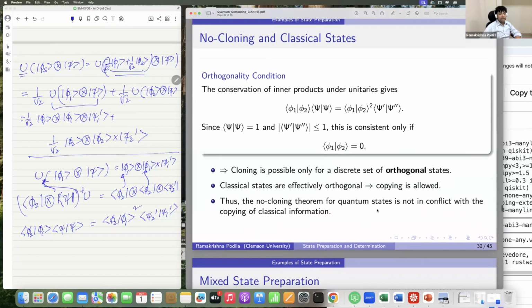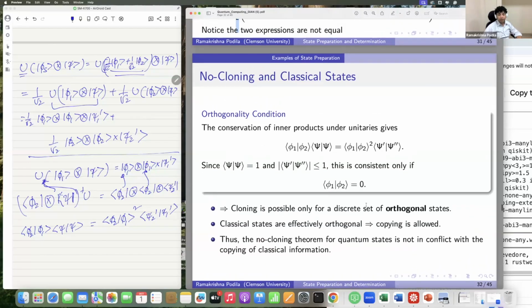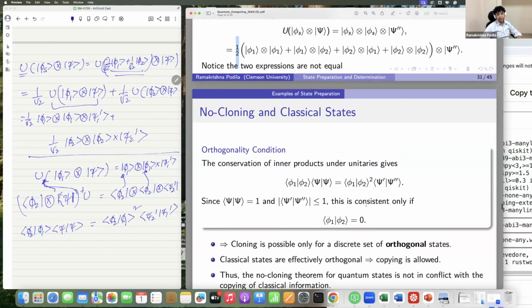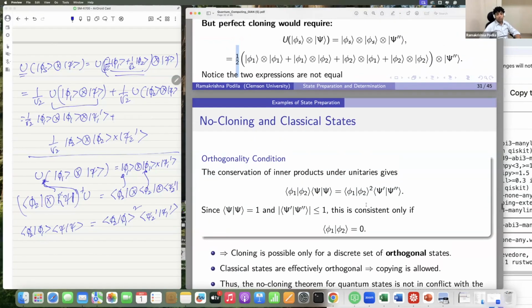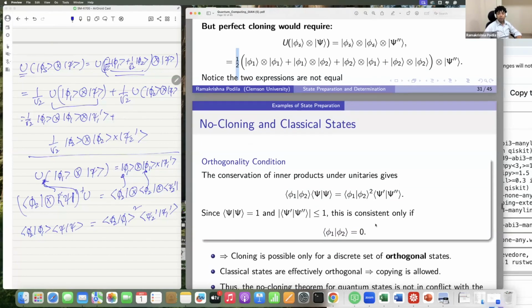So we would say that the classical states, which are effectively orthogonal, you can clearly copy classical states. So the no cloning theorem for quantum states is not in conflict with copying of classical states. That's what we want to say, that this is consistent only if phi 1 and phi 2 are orthogonal.